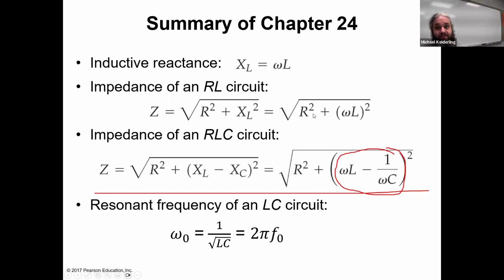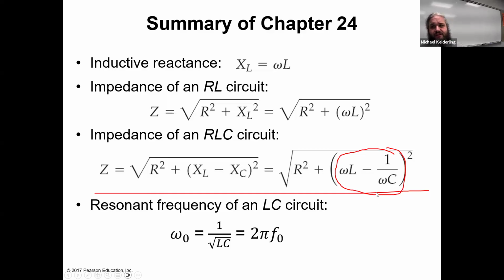And voltage across an inductor is 90 degrees ahead of current. So that's the square root of R squared plus omega L squared. And so the impedance of an RLC circuit with both an inductor and a capacitor ends up being the square root of R squared plus XL minus XC squared. So R squared plus omega L minus 1 over omega C, squared.